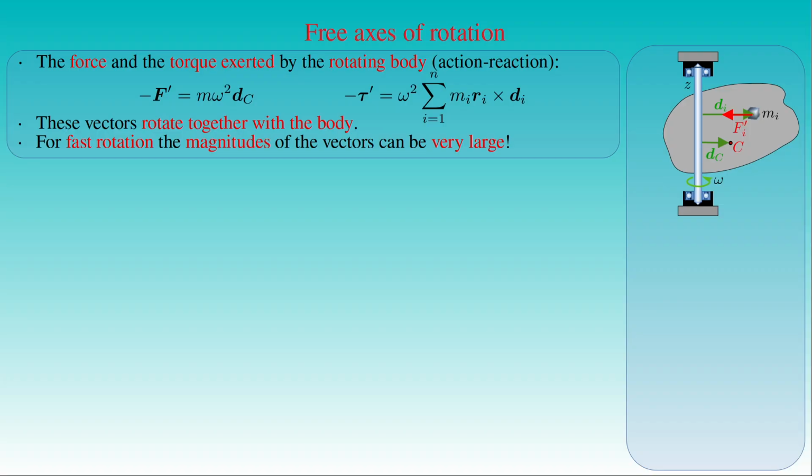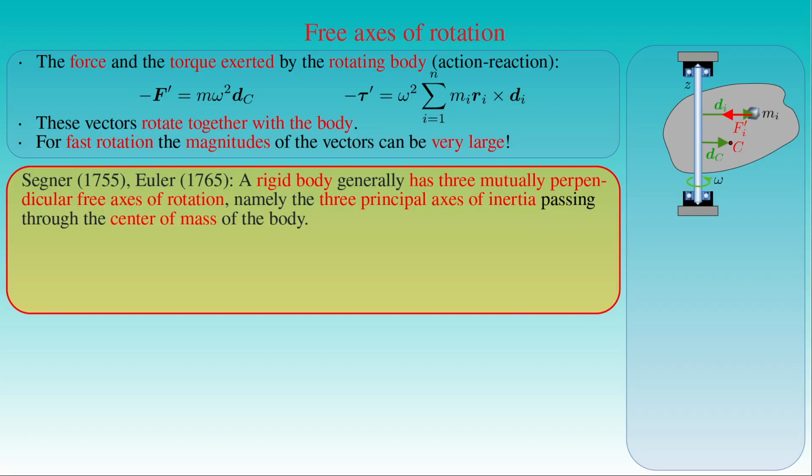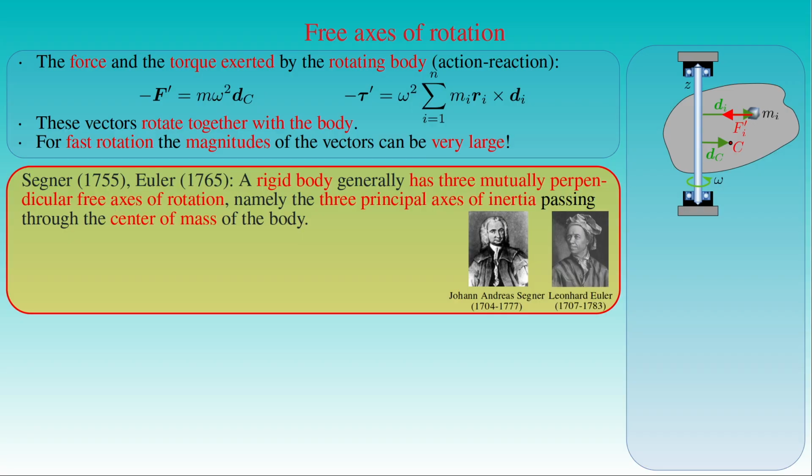The results derived from the experiments or deduced from the conditions of the vanishing net force and torque can be summarized as follows. A rigid body generally has three mutually perpendicular free axes, namely the three principal axes of inertia passing through the center of mass of the body, which was shown by Johann Andreas Segner, a German physicist, in 1755, and applied by the Swiss polymath Leonhard Euler between 1758 and 1765 to derive his equations describing the rotation of rigid bodies.